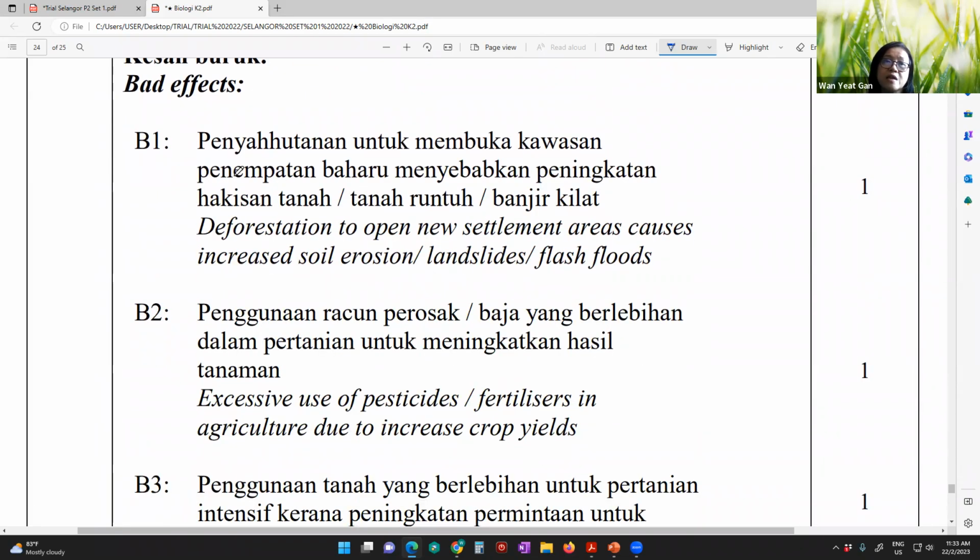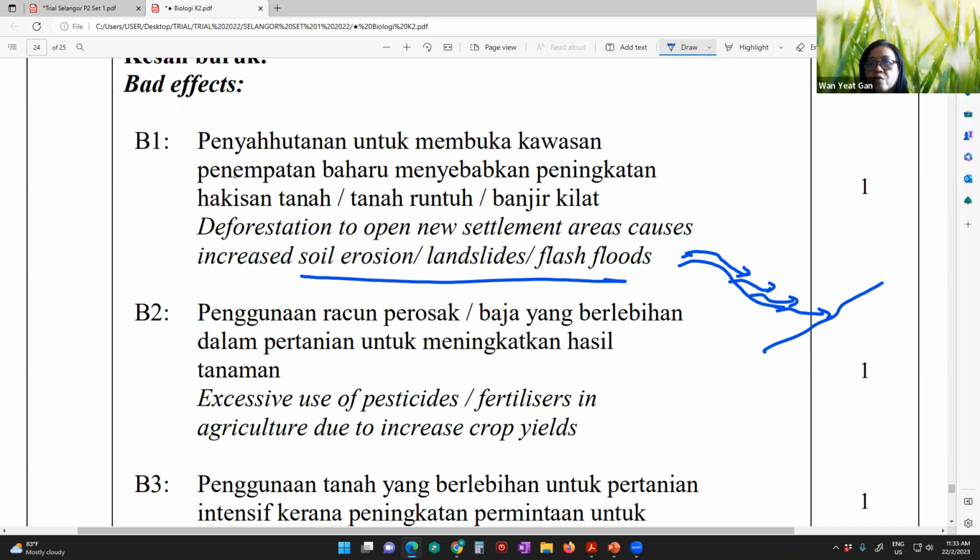Now, the first one is these three things, which are soil erosion, landslide, and flash flood. So when you open up a forest, there are no longer any trees to anchor or grip the soil. So definitely soil erosion is going to happen, and this will lead to landslides.